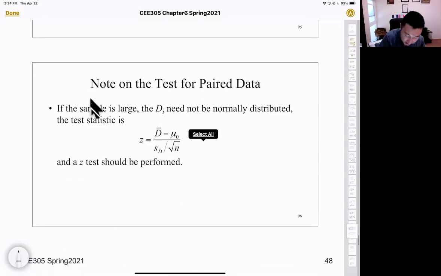When the sample size is large, which of course means larger than 30, then the requirement for D to be normally distributed is no longer needed. Because when sample size is large, it doesn't require to be normally distributed.